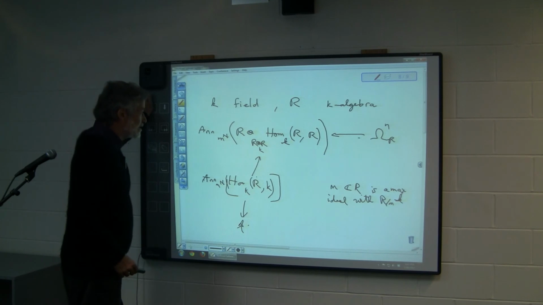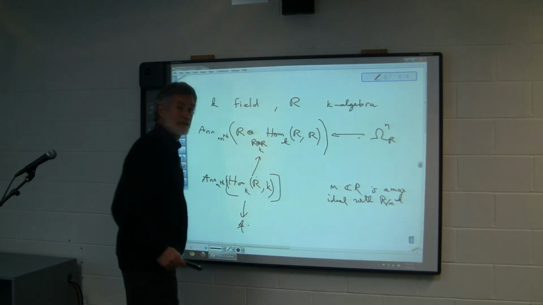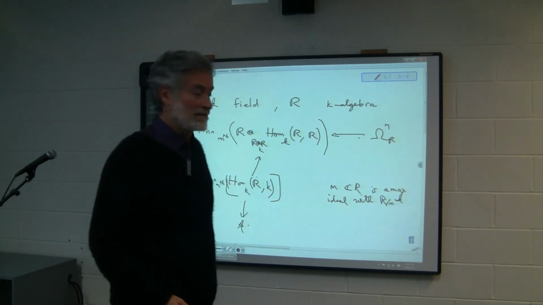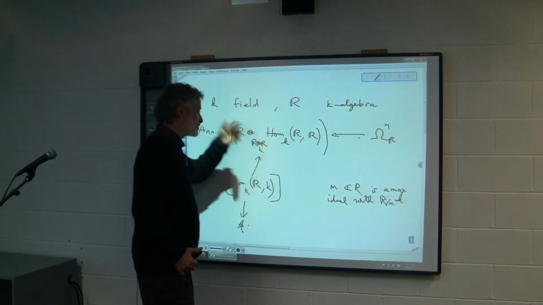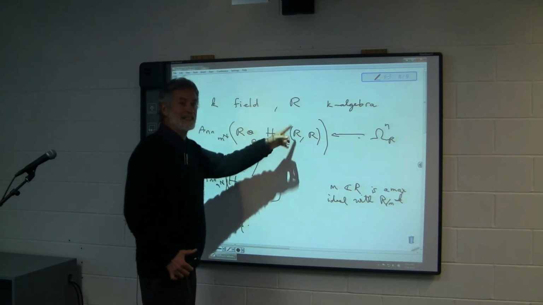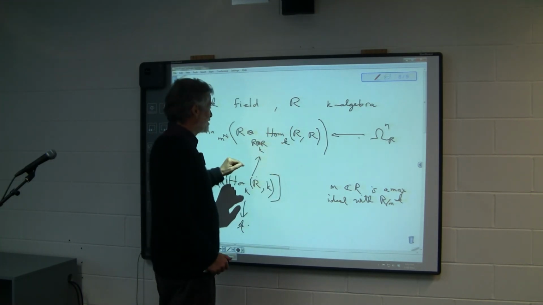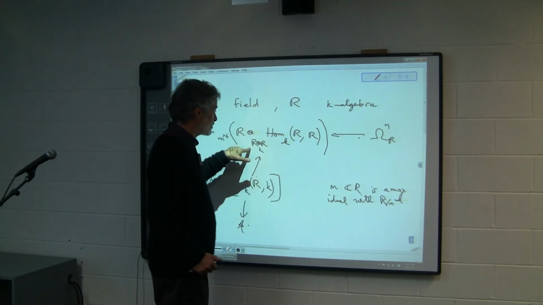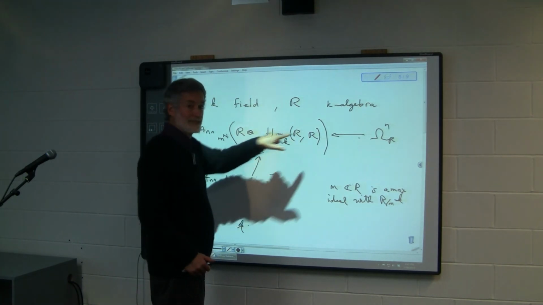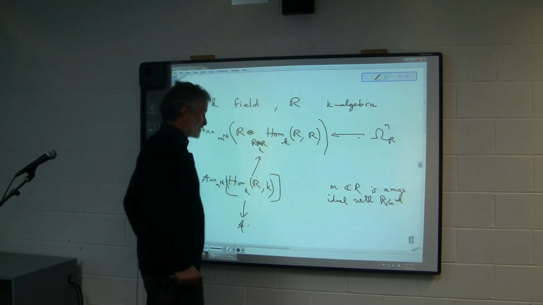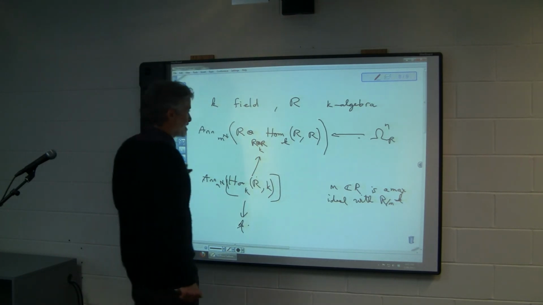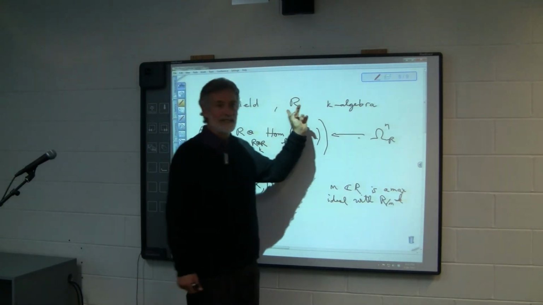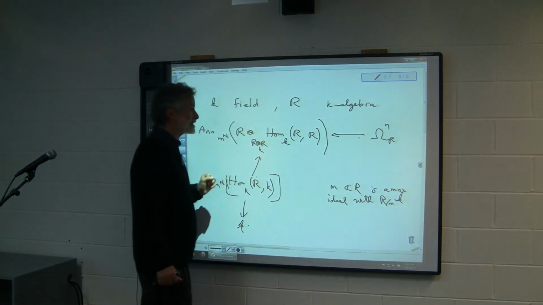The first thing that's surprising is that the tensor, R tensor R, the action of R tensor R here is that one R acts on the right and one on the left. But R is commutative. R is a commutative Noetherian ring in everything I say. So a K algebra, essentially of finite type, and commutative.